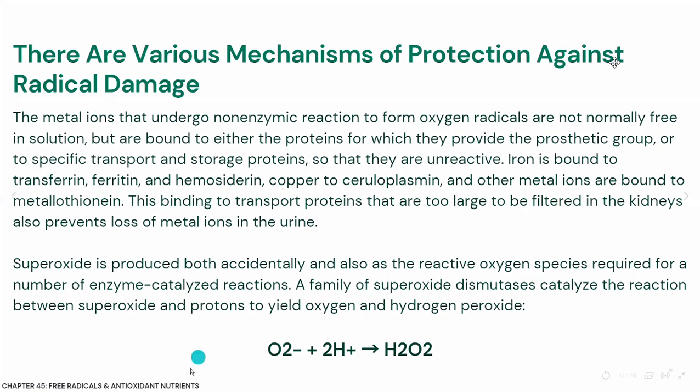So the superoxide, O2 with a negative sign, forms hydrogen peroxide. Although this is also a radical, it is much less potent than your superoxide radical. Now this hydrogen peroxide will be acted upon by two other enzymes, catalases and peroxidases.